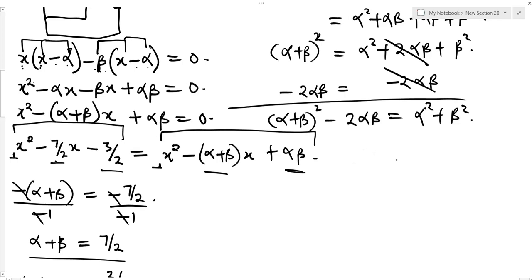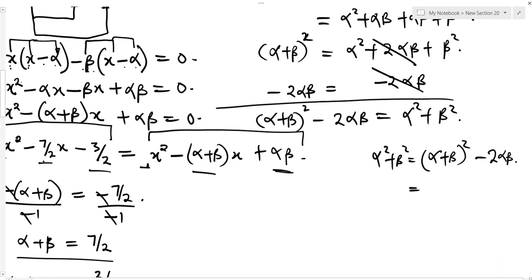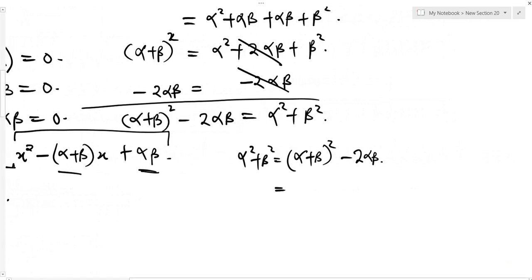So it then means that alpha square plus beta square is equal to alpha plus beta all squared minus 2 alpha beta. Now the whole of this is 7 over 2 squared minus 2 times minus 3 over 2, because alpha beta is minus 3 over 2.